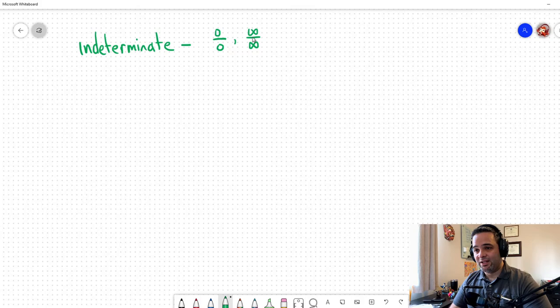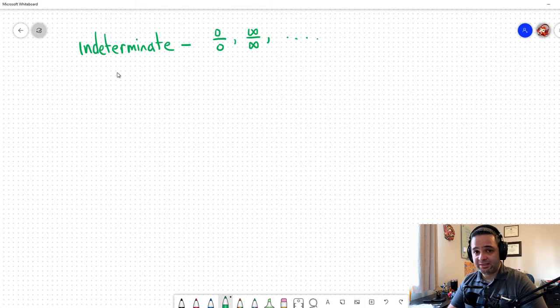It could be negative infinity over negative infinity, so just in general, infinity over infinity. There are other forms of indeterminate, but for AP Calculus AB, we're only going to deal with these two in particular: 0 over 0 or infinity over infinity.